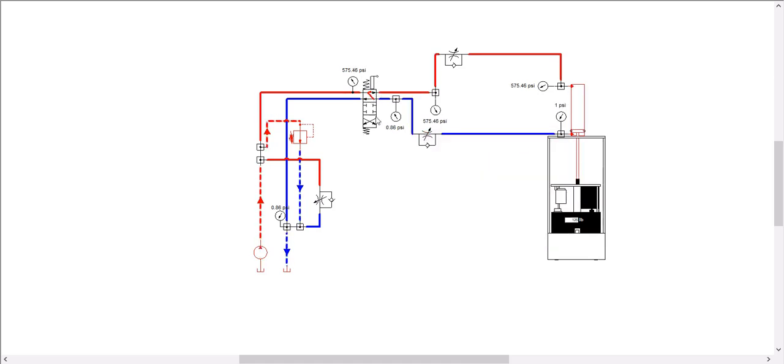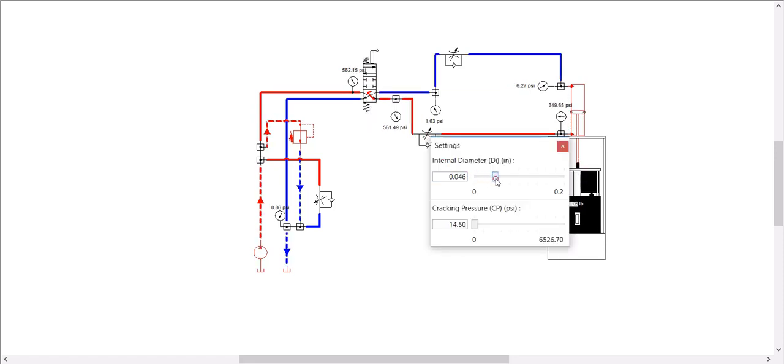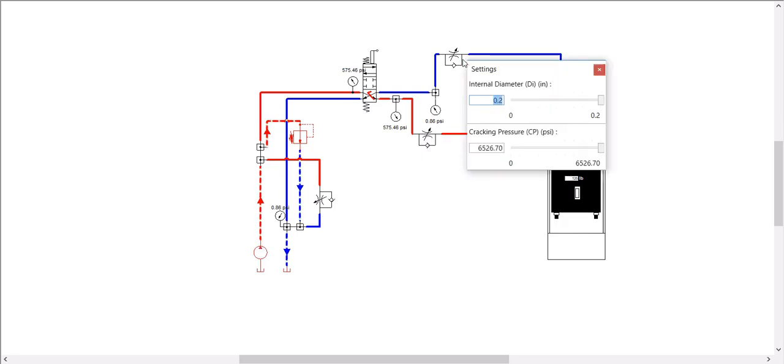The smaller the opening of the flow control valve, the slower the cylinder moves. Likewise, the more open the flow control valve, the faster the cylinder moves.